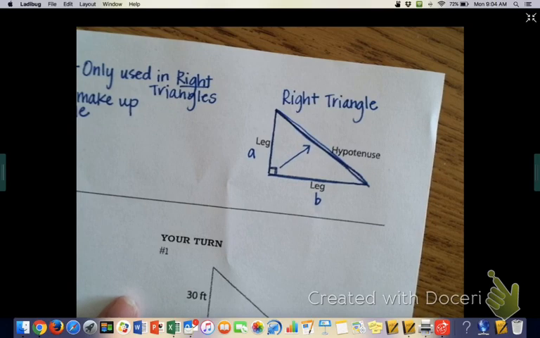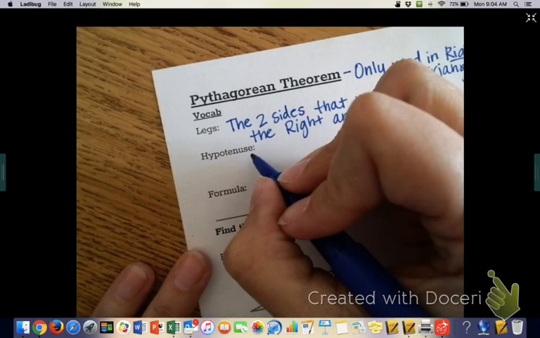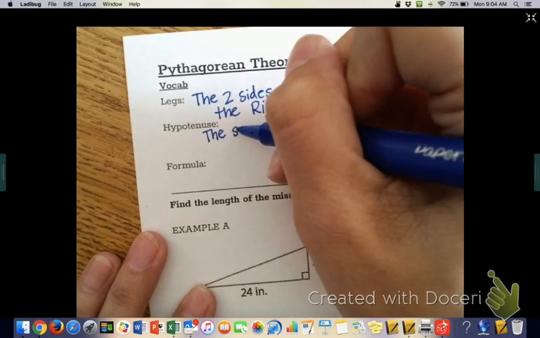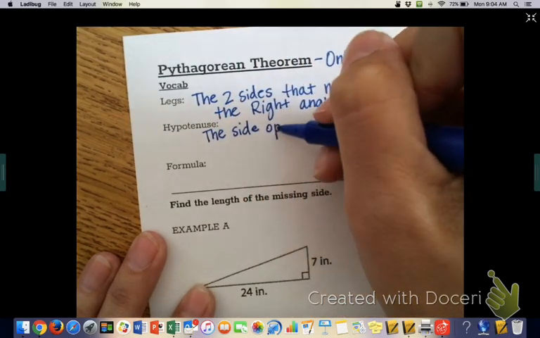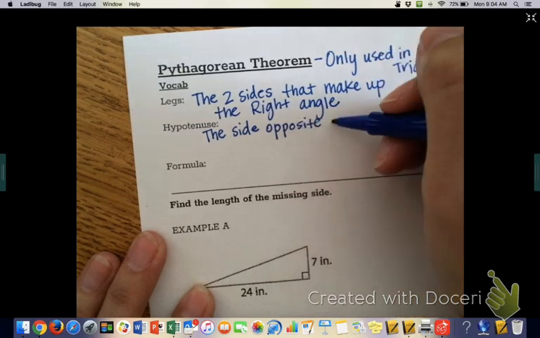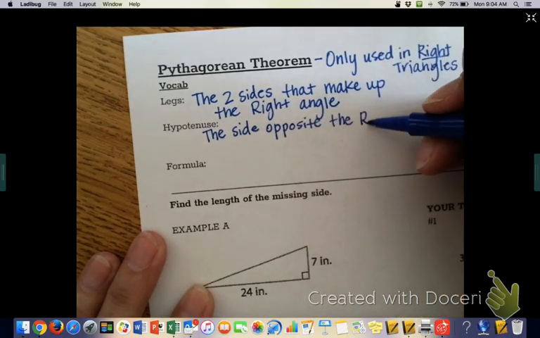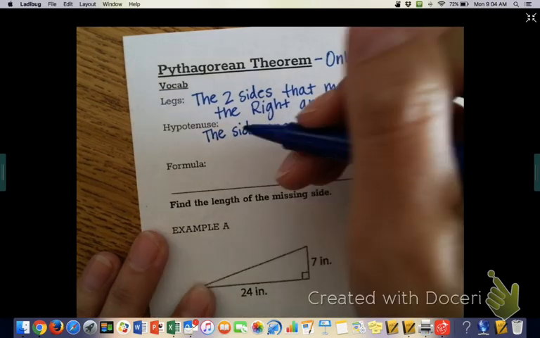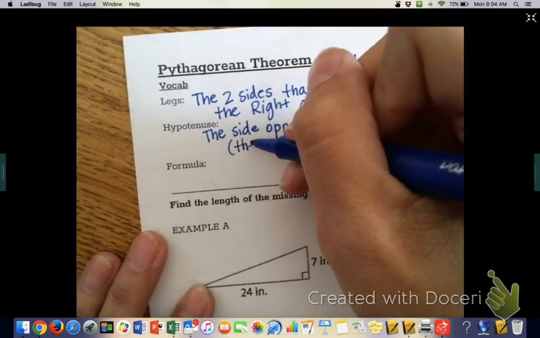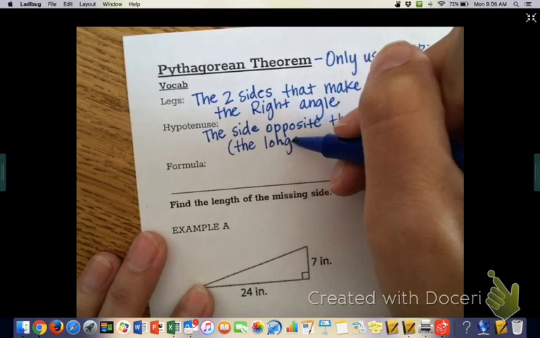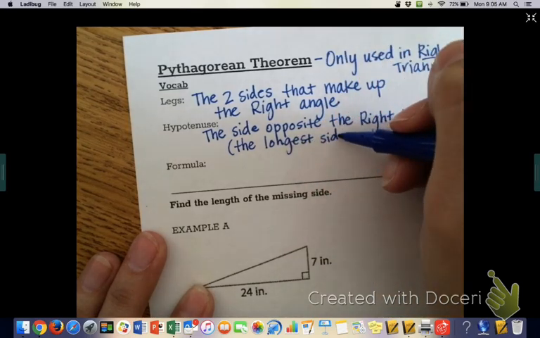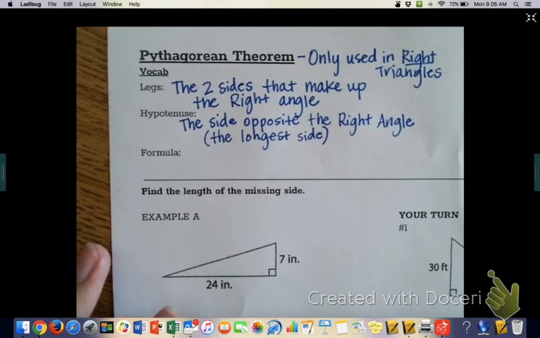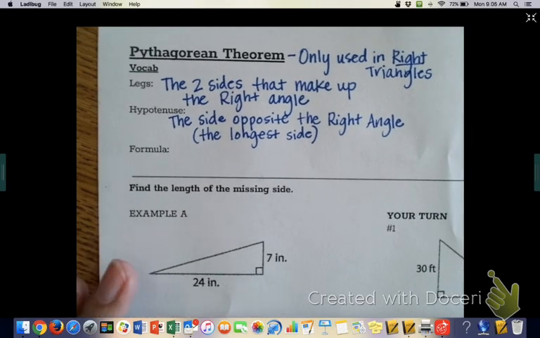So we're going to put that the hypotenuse is the side opposite the right angle, and in parentheses, go ahead and put it's always the longest side of your triangle. Always. So if you're trying to find it quickly, just look for whichever side is the longest, and that is the hypotenuse.